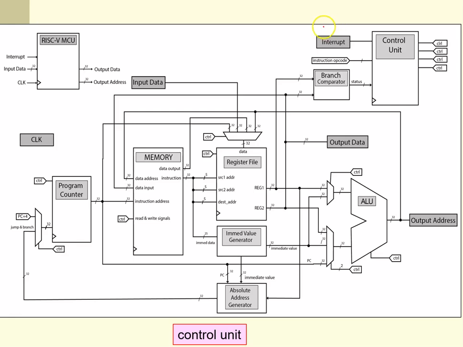Okay, so the control unit is this thing over here. The idea is that it is going to decode the instructions, roughly speaking. If you remember, the instructions are made up of opcodes and field codes. Field codes are kind of data that we're going to talk about later, but the opcodes describe what the instruction is.